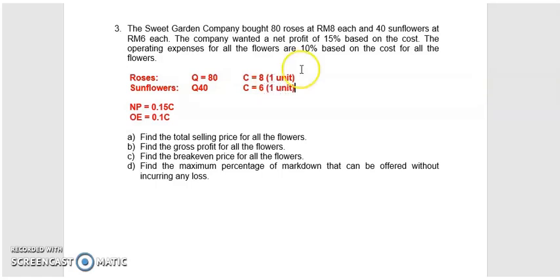So total cost will be for roses, quantity 80 times 8 ringgit. So this one is 640. Okay, total cost for sunflowers, quantity 40 multiplied by cost 6 ringgit.